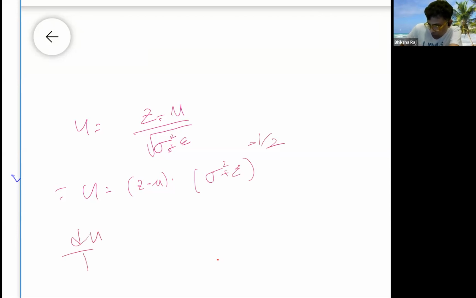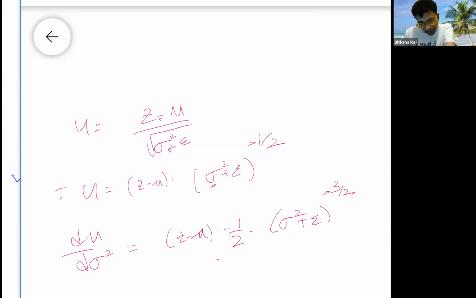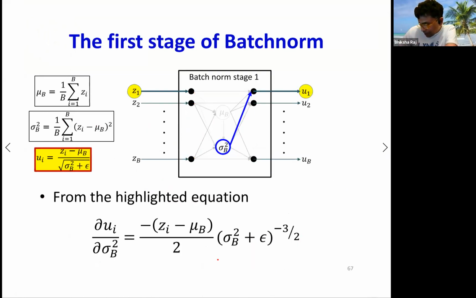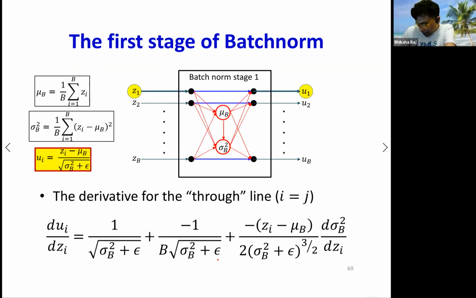So du over d sigma squared, I'm taking the derivative with respect to sigma squared, okay, is going to be z minus mu times minus 1 over 2 times sigma squared plus epsilon raised to minus 3 over 2. Correct? Everyone? Yes. This is just straightforward high school arithmetic. And so I can write that. And let me plug that value over here.